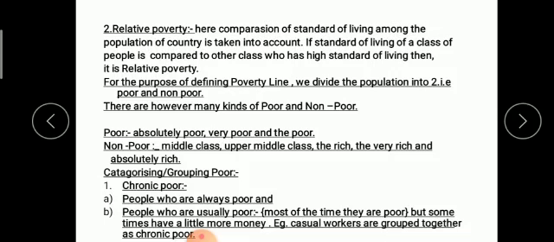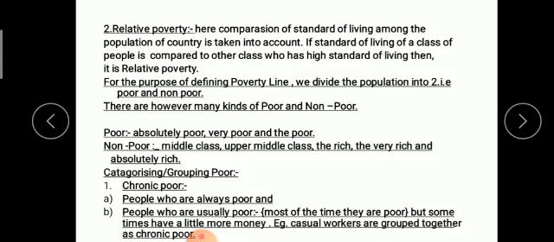When we compare the standard of living of these two people, relatively, relative means here in comparison to, the standard of living of A who is earning 20,000 is higher than that of the person who is earning 10,000.